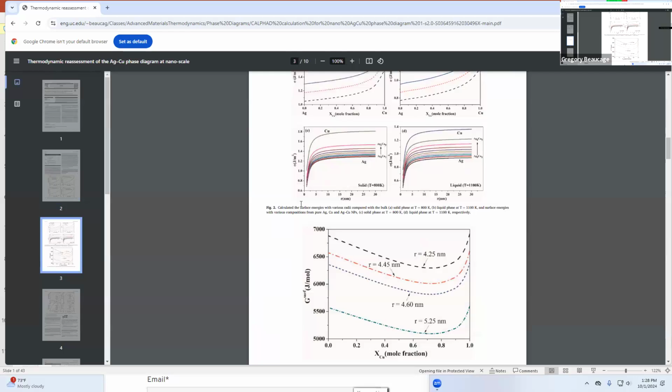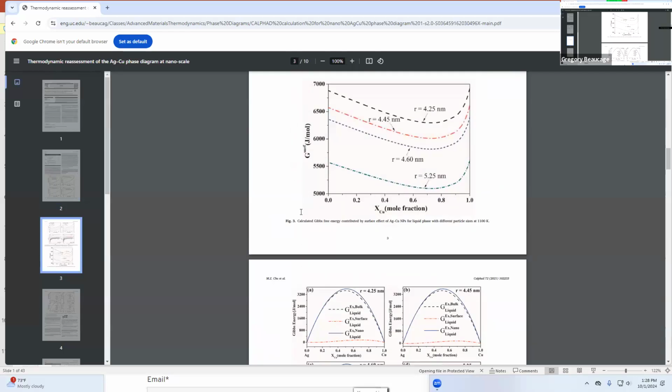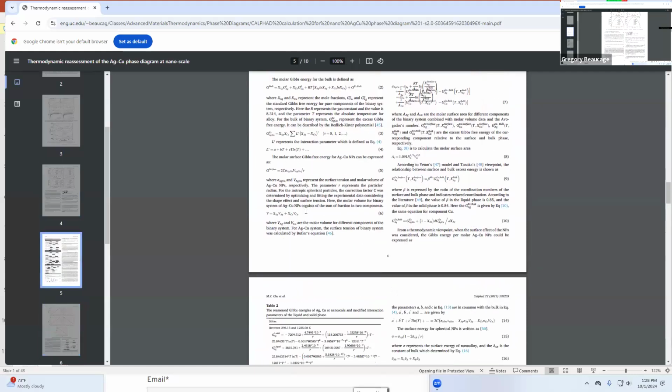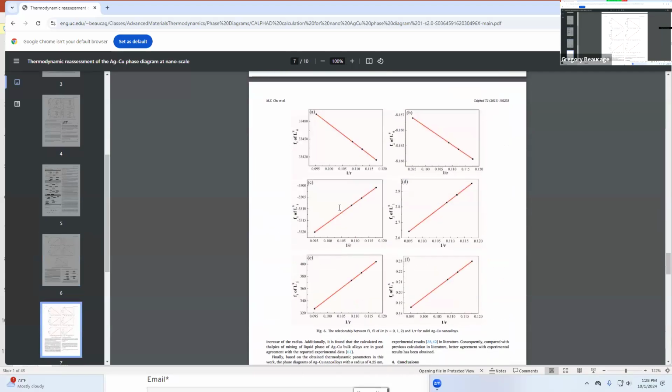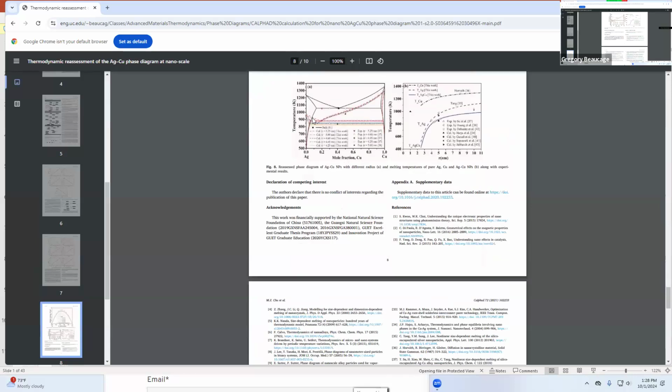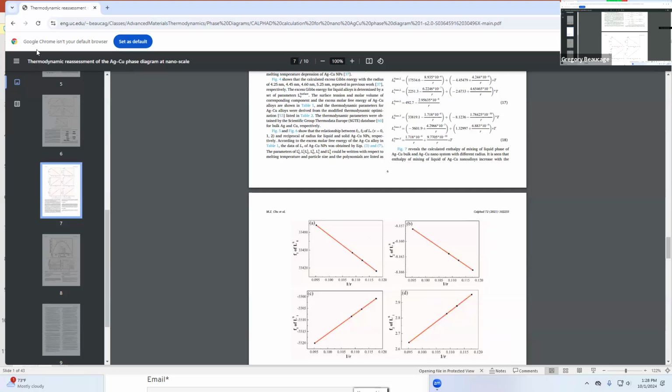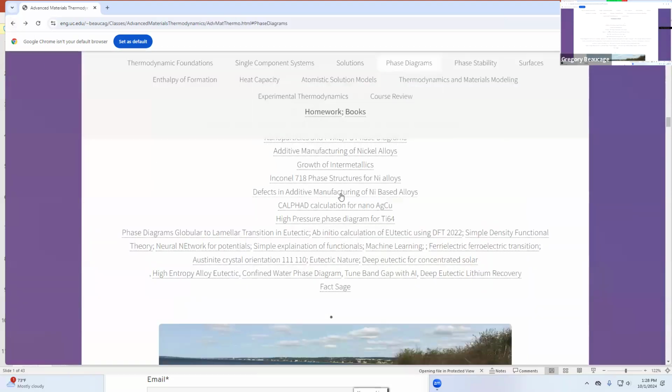They're using CalFad to calculate phase diagrams, basically. It can spit out the free energy, so it can spit out everything you want, but the end product is going to be like this eutectic phase diagram I was getting for silver, copper. That's just an example of a paper where people are using CalFad.